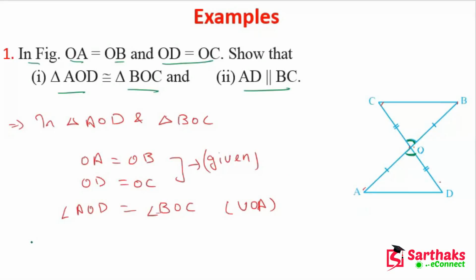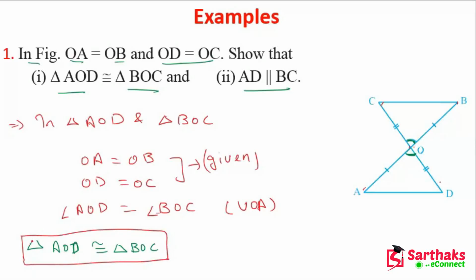So we can write triangle AOD is congruent to triangle BOC. I hope you get this point. This is by the side angle side rule. Got it, my dear friends?